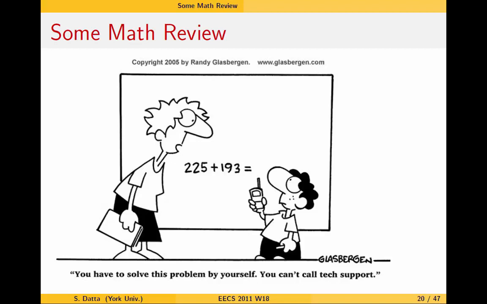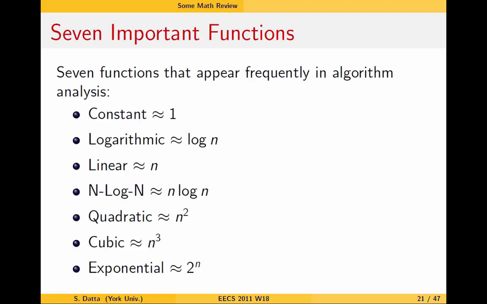You have to do some math review, unfortunately, so let's do that. The book actually makes it somewhat easy and talks about these 7 functions. These are the most common functions that you encounter when you're measuring running times of algorithms. Notice that I have approximate signs for each.